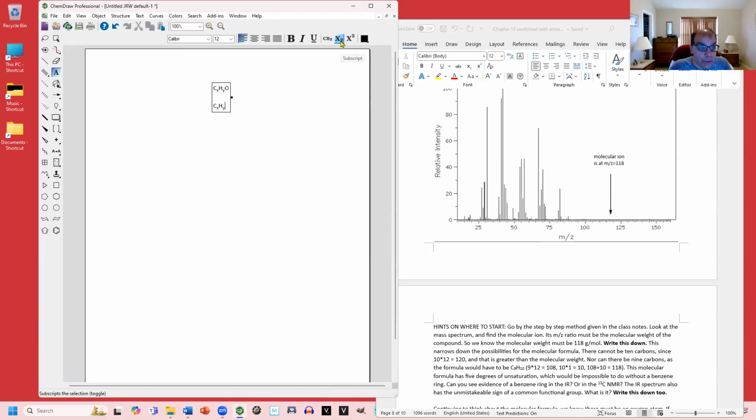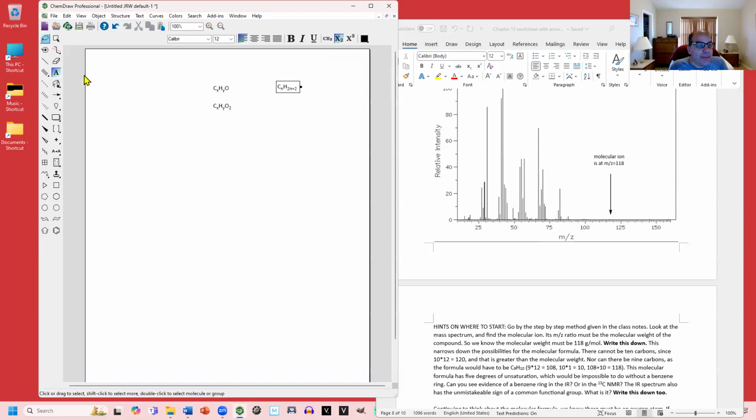And this is in the class notes and something we'll go over in class. These are reasonable formulas for you to try. Formulas of these types, CxHyO and CxHyO2. Another really good formula to bear in mind is CnH2n+2.